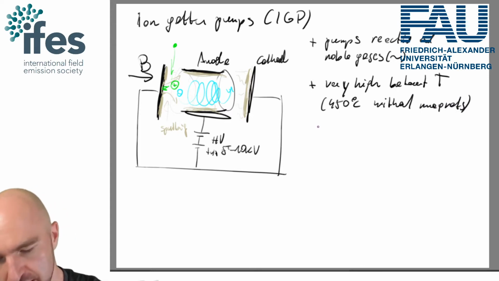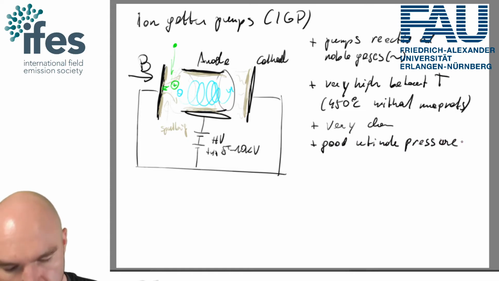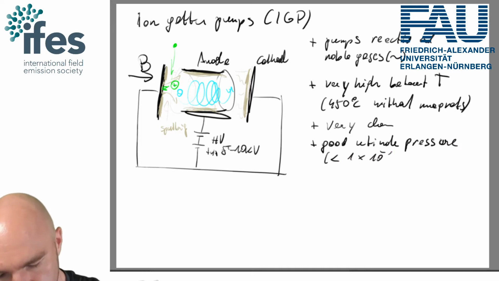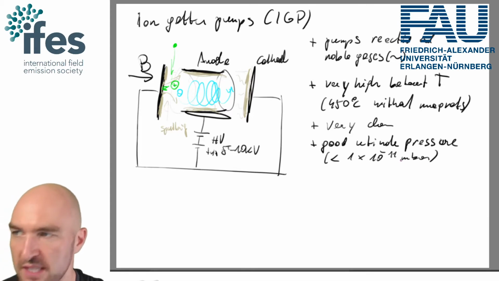So you can bake very high, so they're very clean. They have a very good ultimate pressure, usually less than 1 times 10 to the minus 11 millibar. So this is actually the reason why they are used a lot in atom probe tomography.